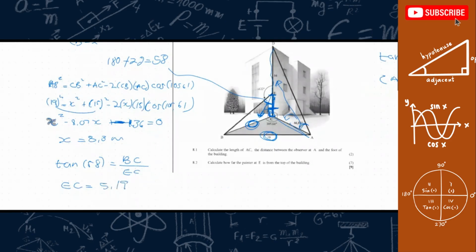Now that we have EC, we are actually looking for DE because we want the length from the top to E. So DE would be DC minus EC. And that would give us a length of 10.81.